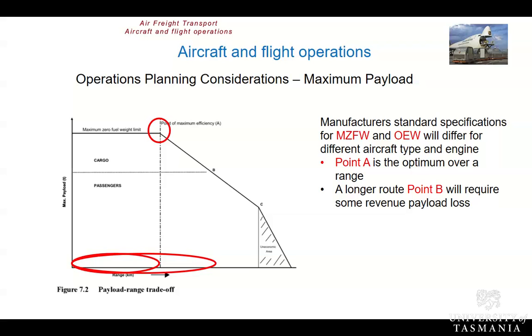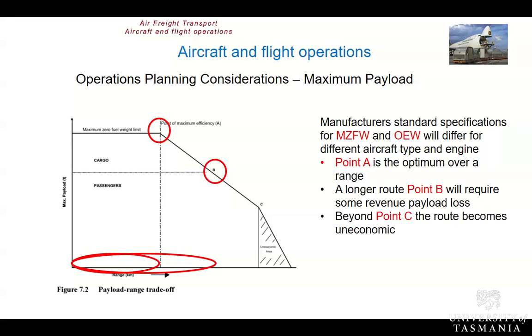The payload in cargo and the payload in passengers is going to reduce. So you could argue that the new maximum zero fuel weight comes down to about there. That's the amount of cargo that you can carry.